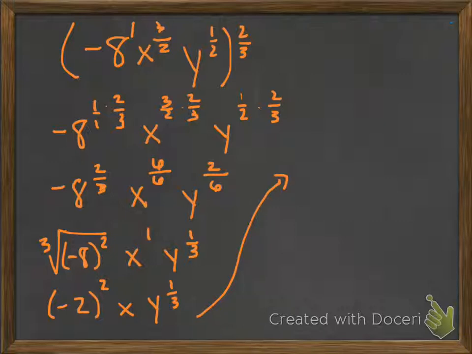And a negative 2 squared, well, negative 2 times negative 2 is a positive 4, x, and instead of saying y to the 1/3 power, we'll change it back to being the cube root of y. So this is a fairly involved problem. There is a lot of steps, but as long as you follow the rules, it's not a terrible problem. So just got to follow your exponent rules.